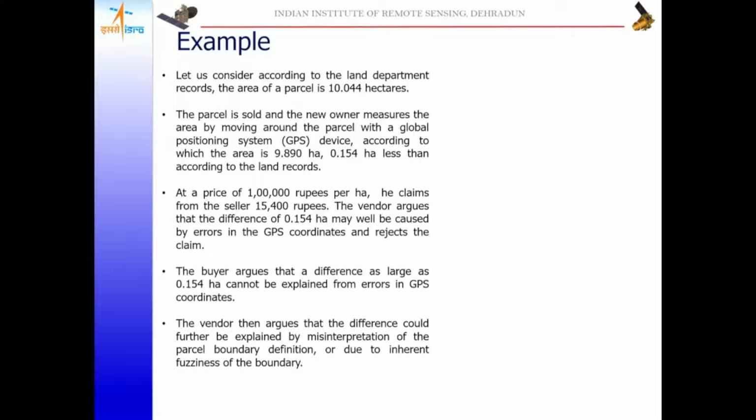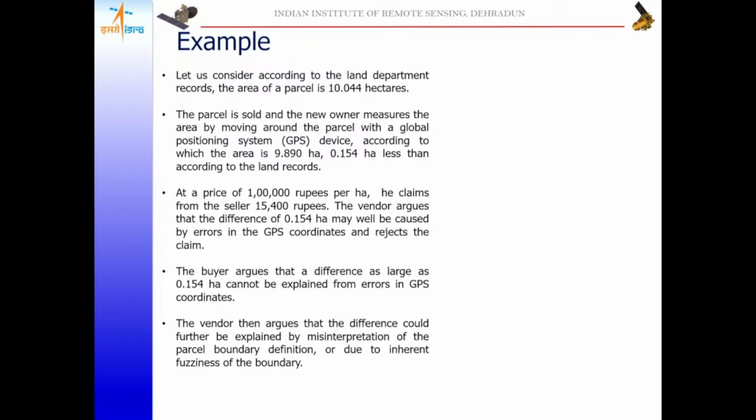Now where is the problem? You may say maybe the land record person is not telling correctly, because GPS cannot be wrong. But the problem here is how he has measured things. Has he moved along the boundary, and is the boundary clear, or is there some fuzziness?